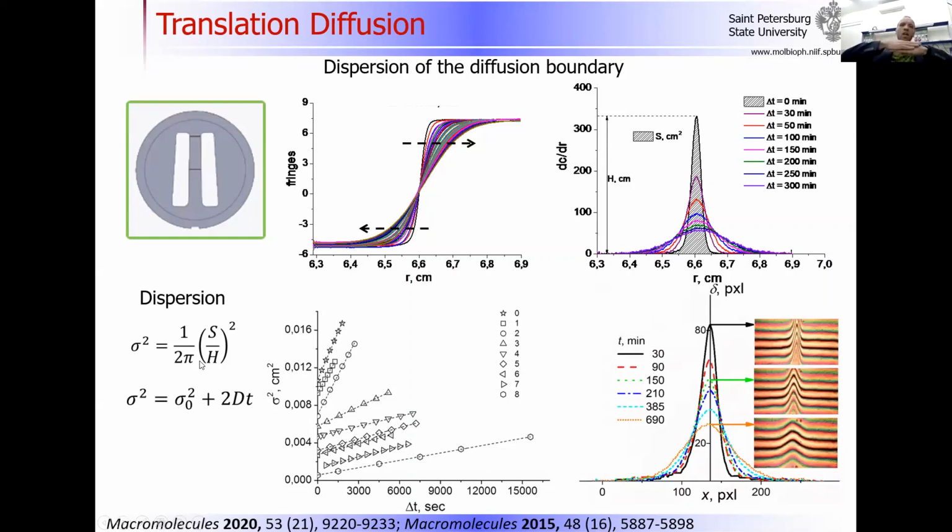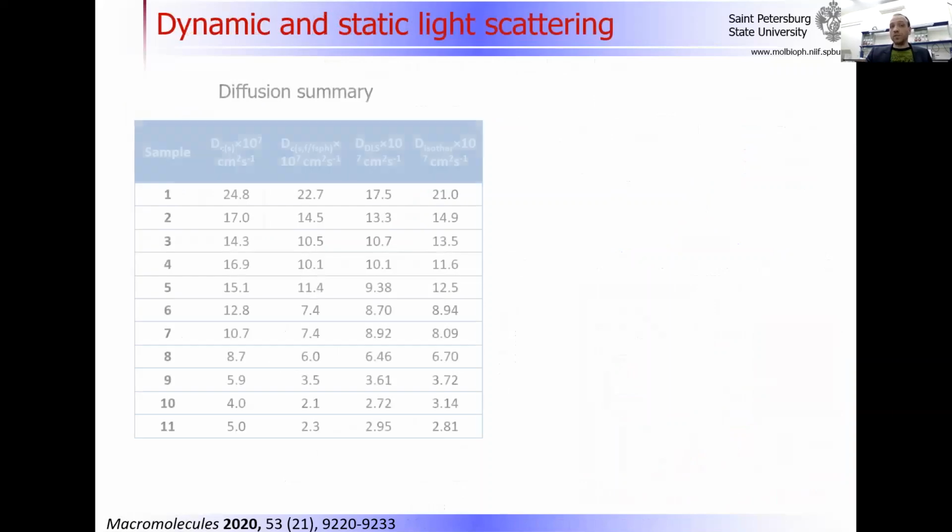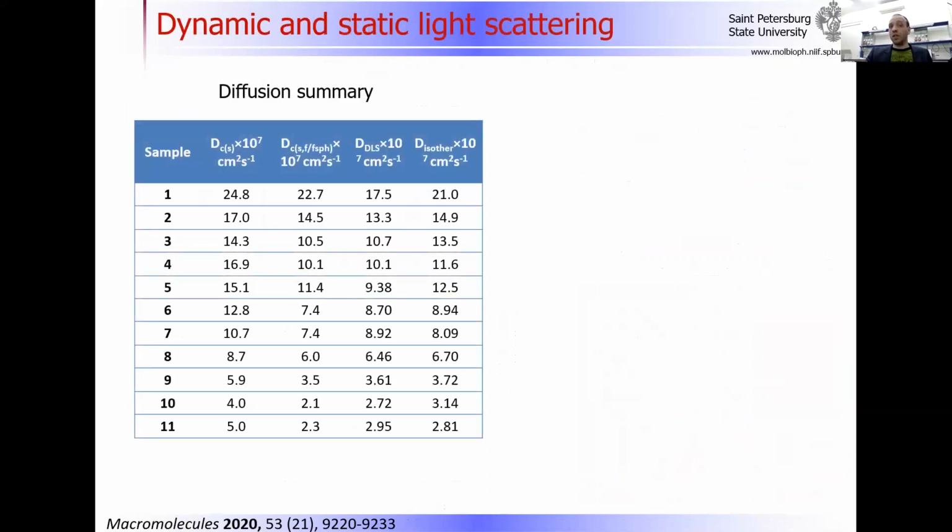You make a boundary of the solution and solvent and observe how fast this boundary is spreading in time. If you plot this dispersion over time, the slope of the corresponding dependence will give you the diffusion coefficient.